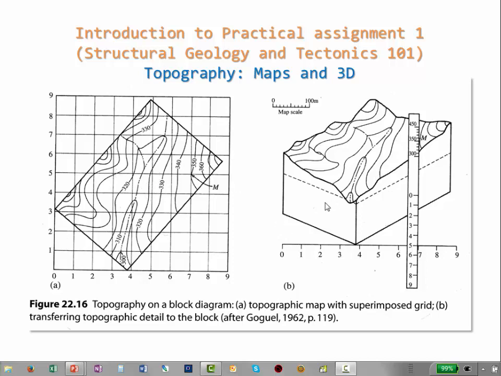Here on the right hand side we see a block diagram that shows this topography that is shown here only in 2 dimensions and topographic contour lines in a kind of a 3D view, where we see topographic high points, these summits of hills here and there and there. And we see here a valley that runs from relatively low altitude to fairly high altitude over here.